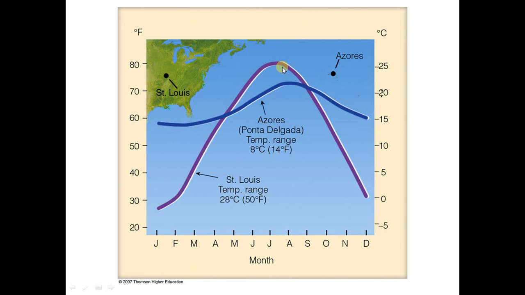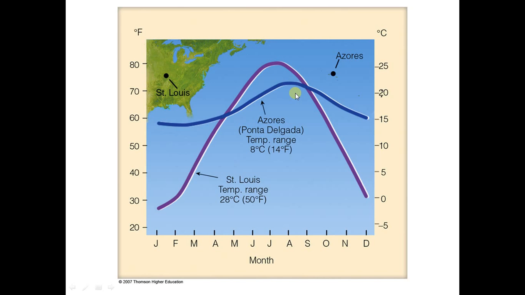Maximum summer temperatures in St. Louis on average, and these are average, so these are in the middle between low and high for each day, around 80 Fahrenheit, maybe lows of 70, highs of 90, but Azores temperatures do not get as high. It's also interesting that Azores' peak summertime temperatures occur maybe a month later than for St. Louis.